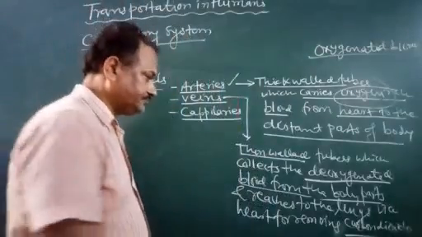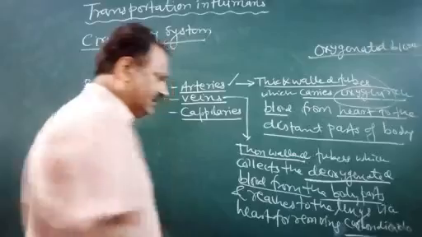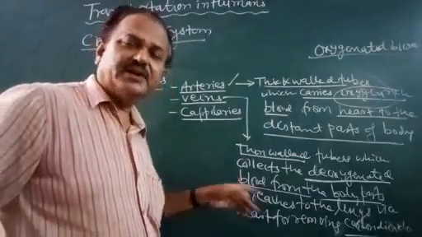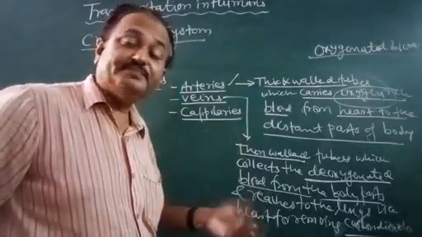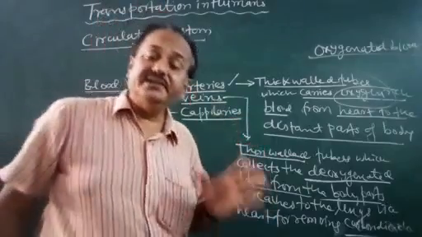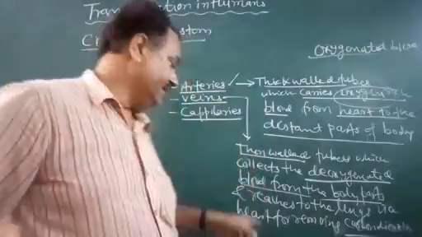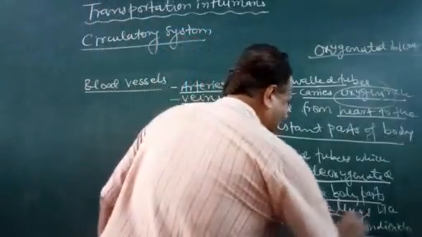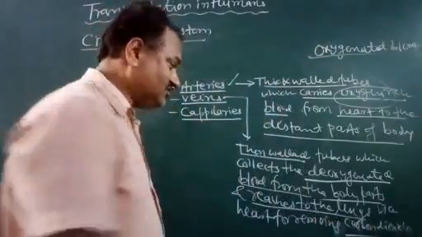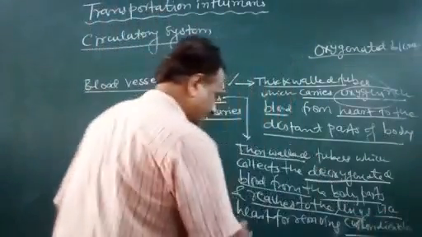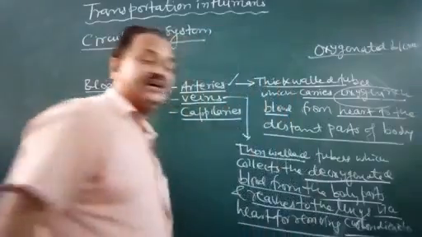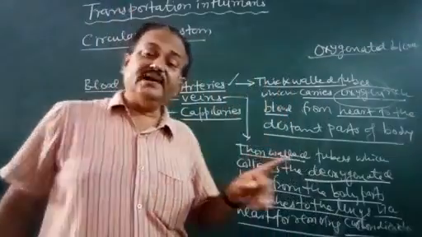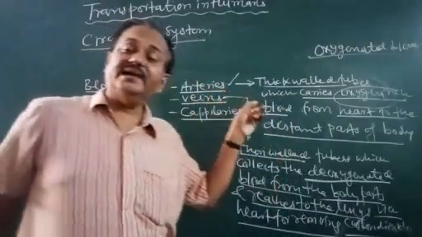Now the impure blood, you can say in common words, but it is better to call it deoxygenated blood, is collected and then it reaches the lungs via the heart for removing carbon dioxide. So blood is first sent by arteries.